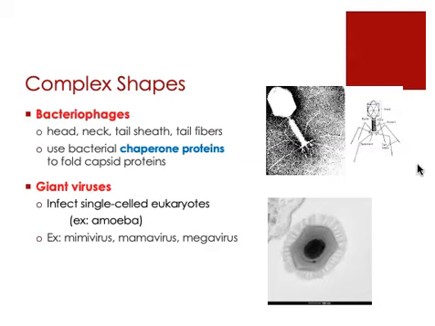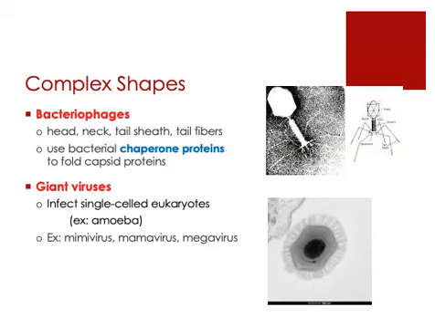So inside the virus's genetic material, there is code to build a chaperone protein among all the other types of proteins. And this chaperone protein, when it gets produced by the host cell, will guide the folding of this very complex shaped bacteriophage.